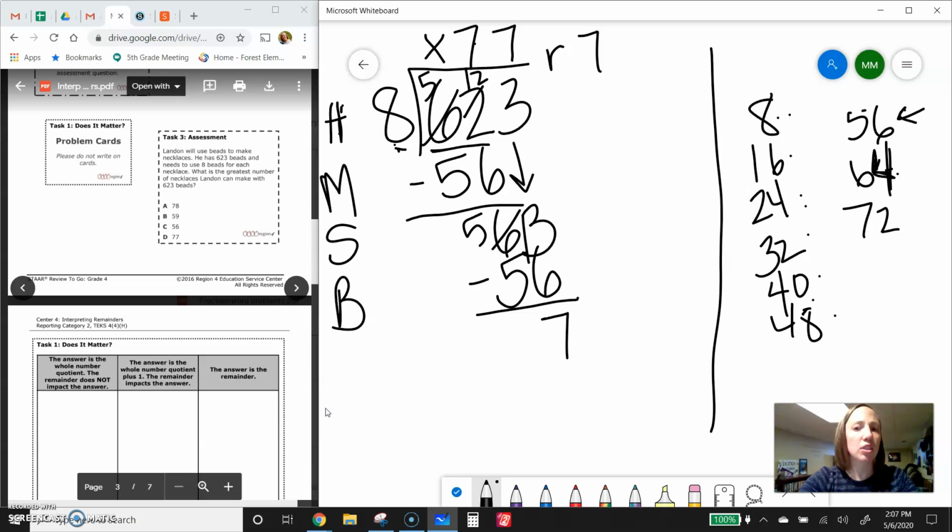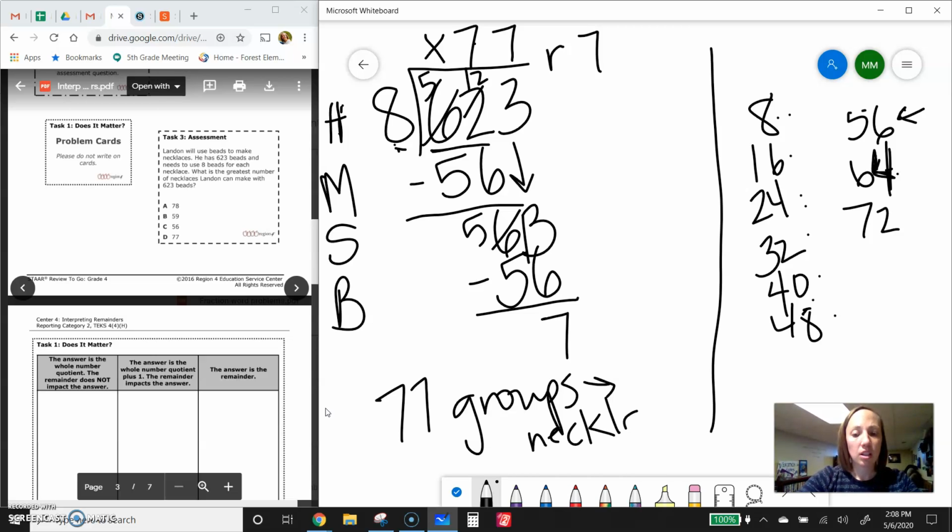Notice that's not even a choice on my list. So we need to think about what it's saying. Okay, well, we were splitting it up into groups, so I know that I can make 77 groups, and each group was one necklace. So I can make 77 necklaces. What does this extra 7 mean then?